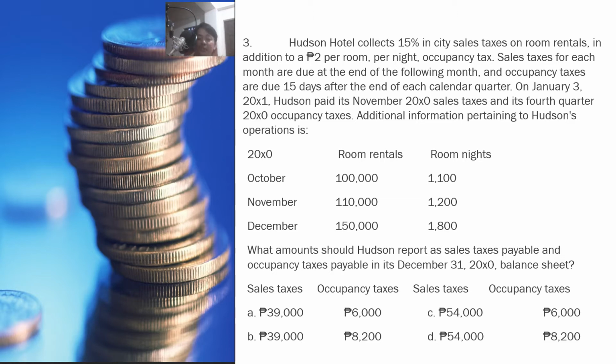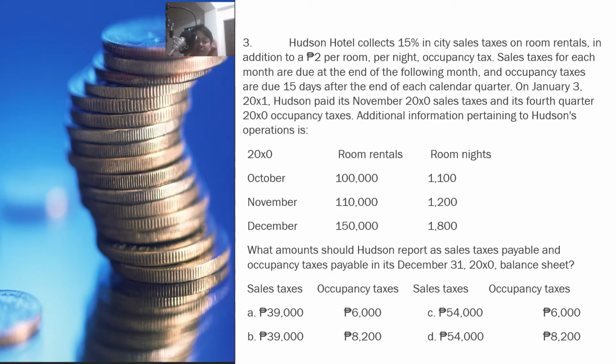So, take note, ang conditions sa sales taxes for each month are due at the end of the following month. So, sa end ng susunod. So, let's discuss yung room rentals. So, yung 100,000, ang sabi niya, end ng following month, ang following month ay November. So, November 30.